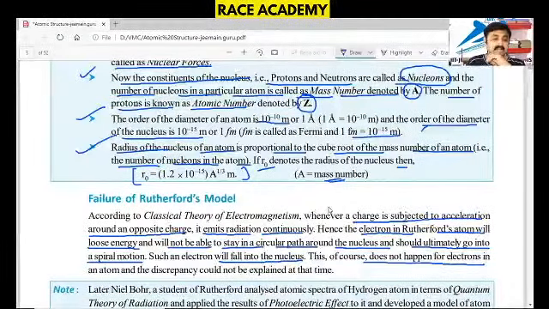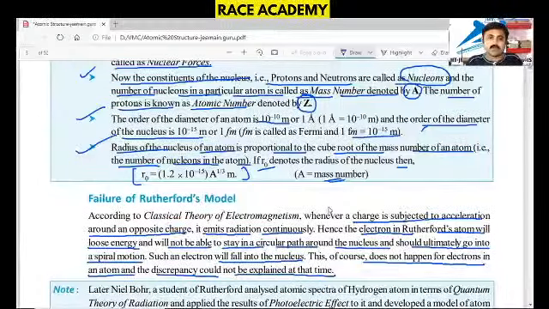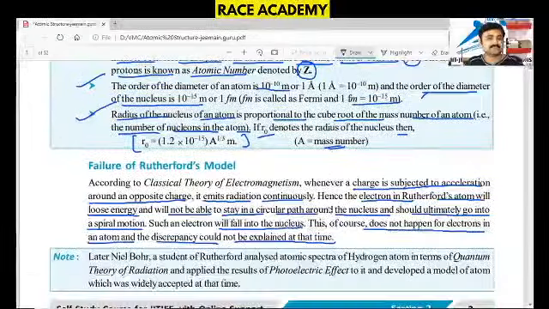This discrepancy could not be explained at that time. The atom is stable, so this should not happen. According to Rutherford's model there was confusion, because the electron may lose its energy, and finally may fall into the nucleus. This confusion was drawn from the electromagnetic theory.